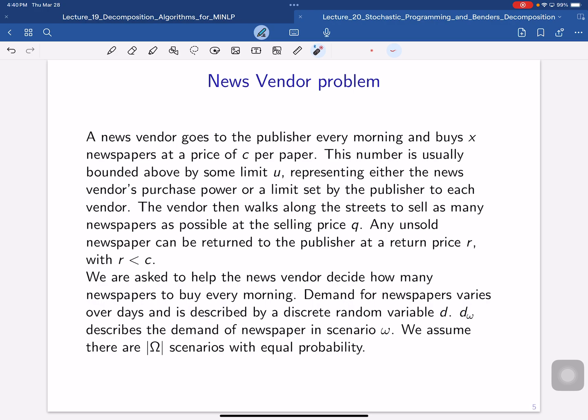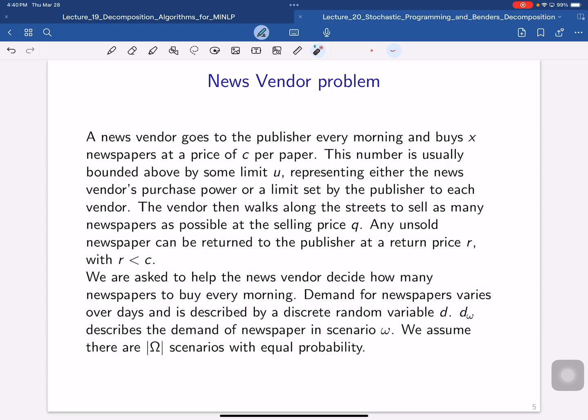So the customer demand can be uncertain when you are buying the newspapers. So let's assume the customer demand is a random variable denoted by D. You can assume it follows a given probability distribution. For the sake of the argument, we just assume maybe the demand follows a uniform distribution.